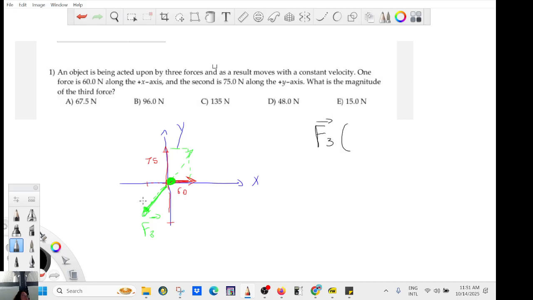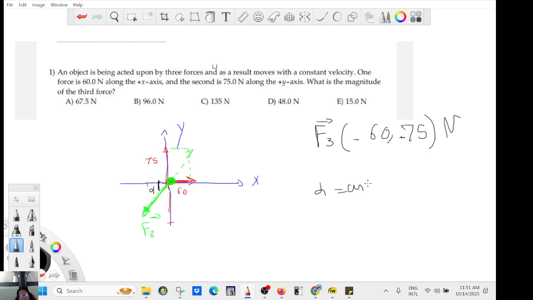So what's going to be the x component? Very good. And the y component? Negative 75, you're right. You just have to be careful that when you find this angle here, you have to decide, is it this one or that one? Because they're going to be complementary, right?